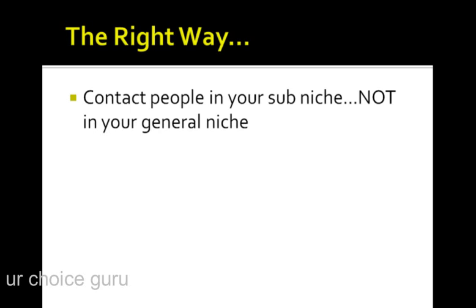selling a product and your product deals with wedding speeches. In specifics, best man wedding speeches. Now let's say, for example, that you happen to find a blog on weddings, but it's not necessarily about wedding speeches. It's more about how to find your best wedding dress.